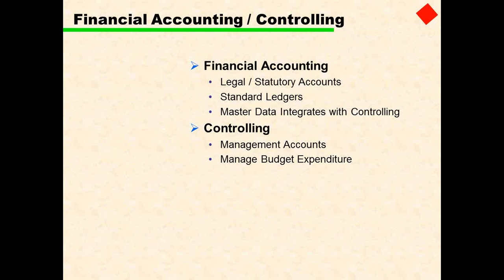And also there is another module called controlling, where you have managerial accounts. So it is mostly for managers to look at where are you spending the dollars. Are you spending the dollars for your production? Are you spending dollars in salaries, your sales expenses, your revenue expenses, marketing? Where are you spending the dollars?